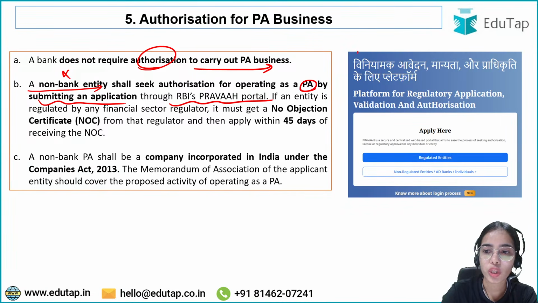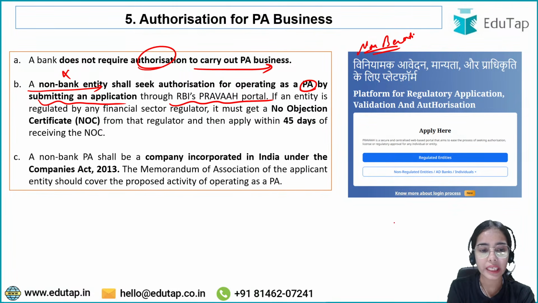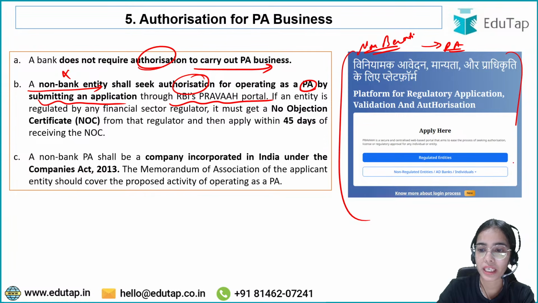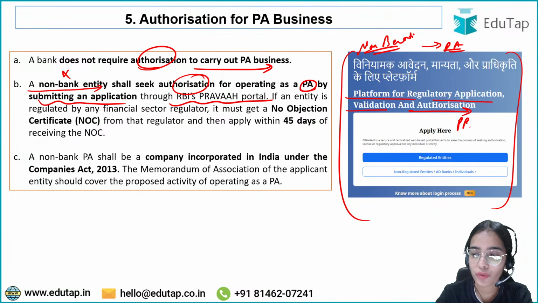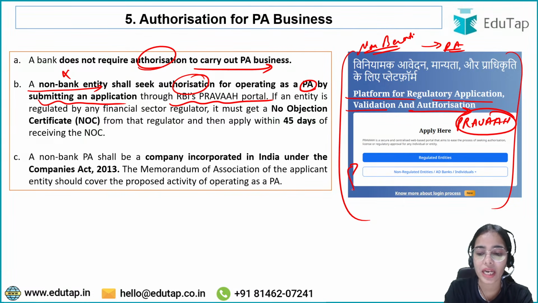So basically, non-bank entities like Razorpay, Cashfree, PayU need to take the authorization for operating as a payment aggregator by submitting the application in the Platform for Regulatory Application Validation and Authorization. We know that there is a PRAVAAH portal of RBI through which the application can be sent.